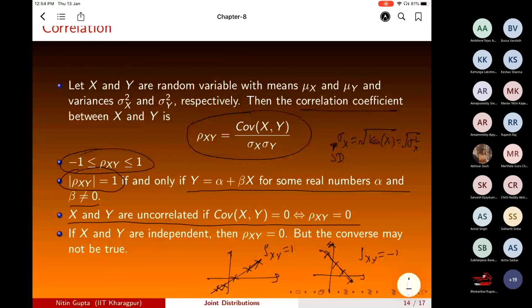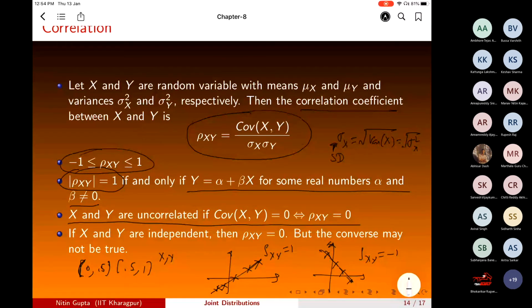So if the correlation coefficient is between 0.5 and 1, then there is a strong positive association between x and y: x increases, y also increases. If it is between 0 and 0.5, then we can say there is a weak positive association.